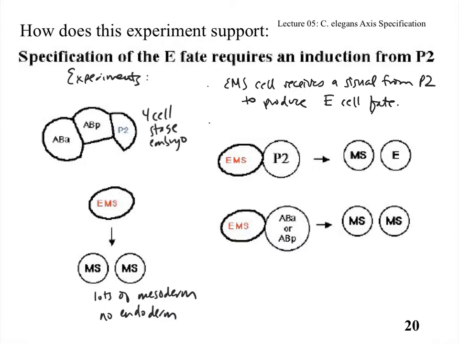And so this is a summary that this is conditional specification, saying that the conditions matter, that for the E fates, the endoderm fates, to be produced, we need to have particular combinations that take place.